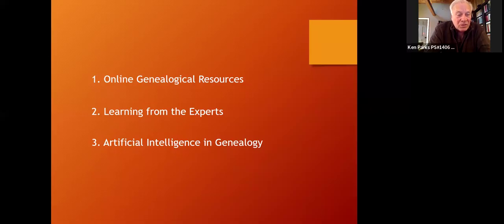The second section, we will be learning from the experts, exploring places and venues to take advantage of the vast amount of educational material that's out there now online in almost every area of genealogy research you can think of. And finally, we'll take a look at artificial intelligence in genealogy.